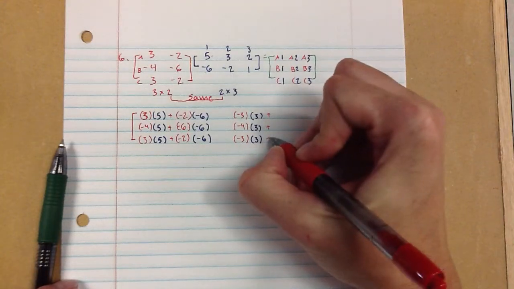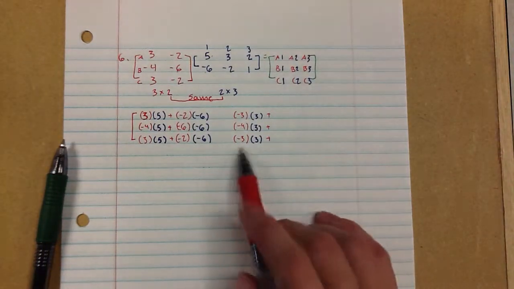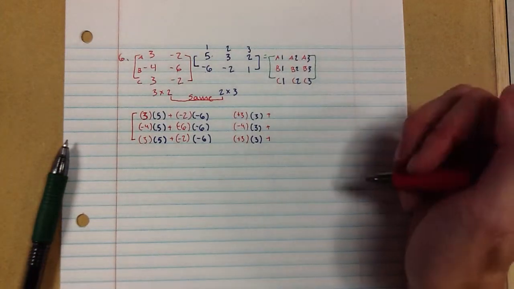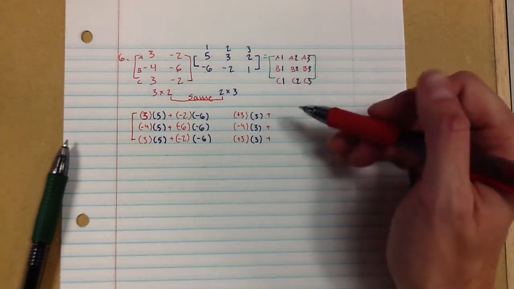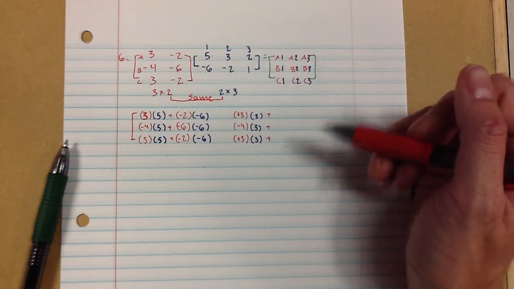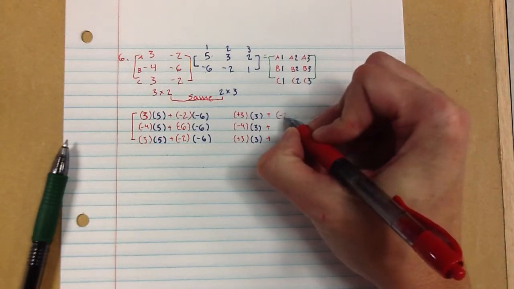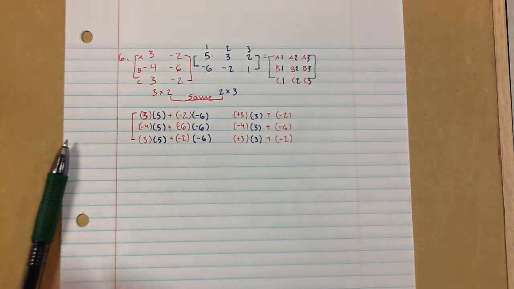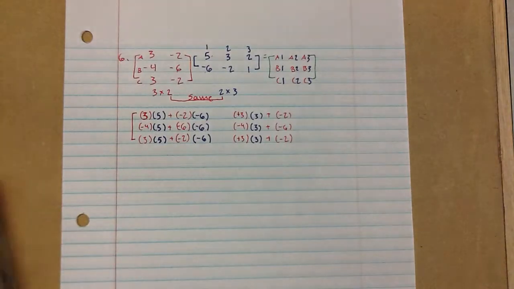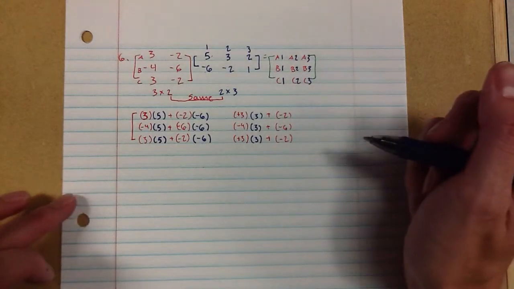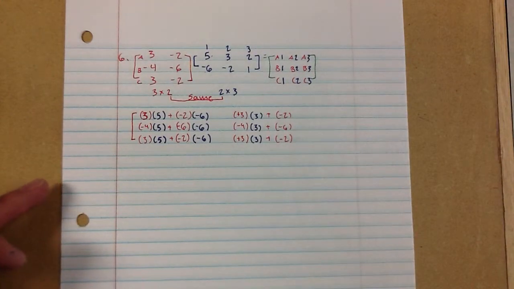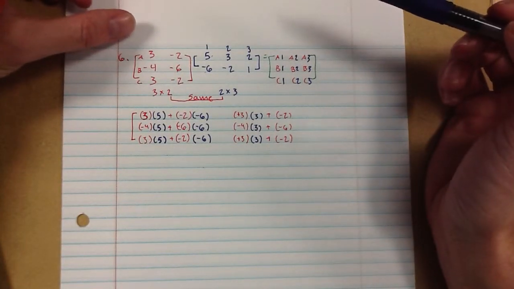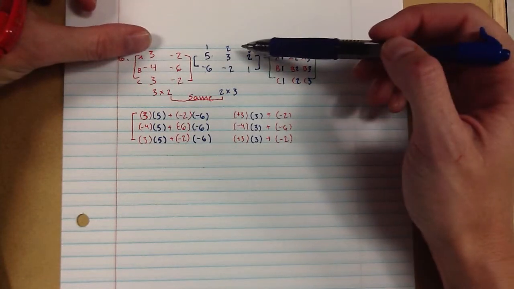Where did the negative 3 come from? The top one. Okay. What am I on? Negative 2.